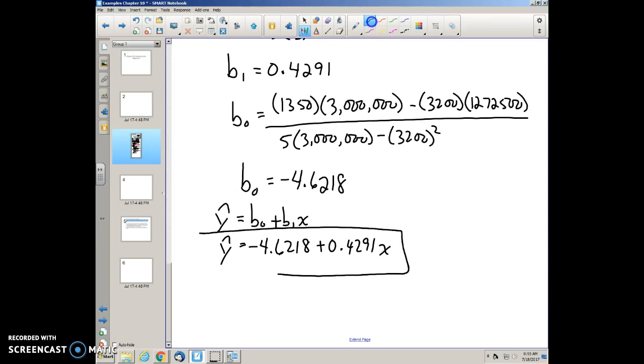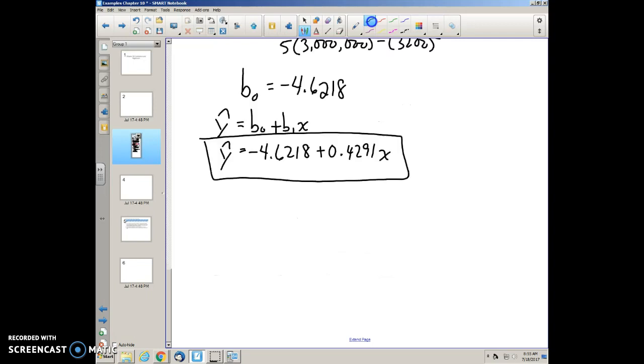So this is the regression line, the equation for the regression line. So y hat equals negative 4.6218 plus 0.4291x. All values are rounded to 4 decimal places. You would just round to whatever they were asking you if you were doing this in homework or something like that.